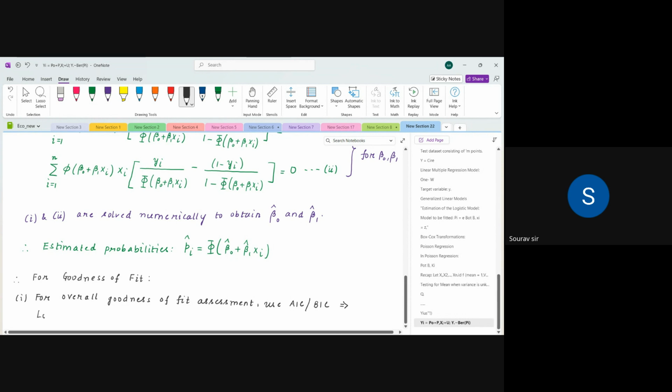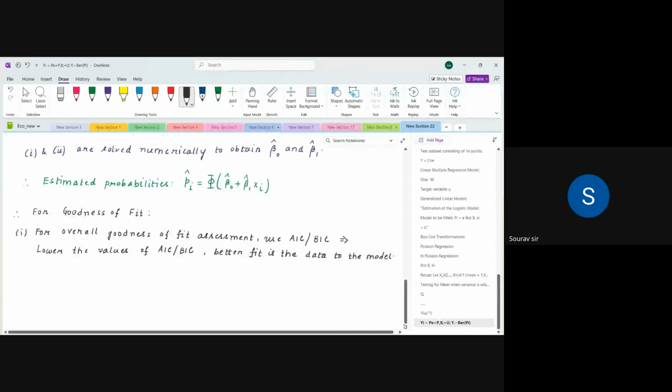And lower the value of AIC or BIC, better fit is the data. Right? Agreed? Can you recollect this?